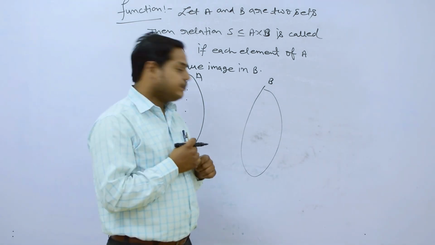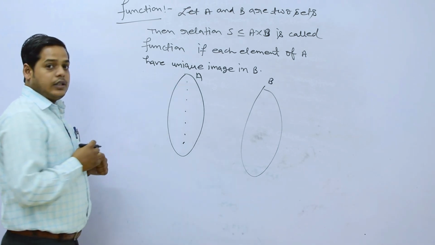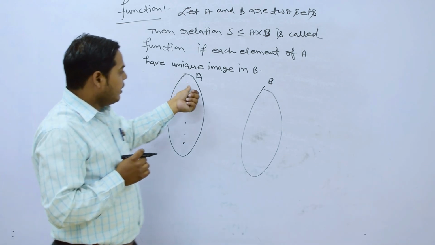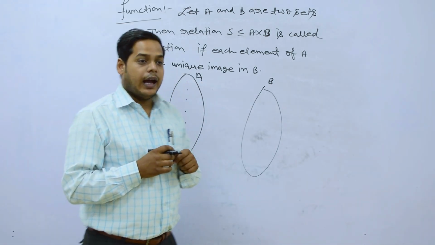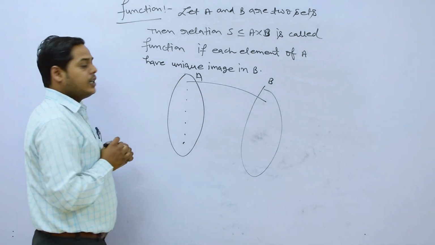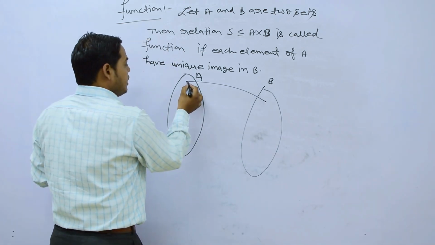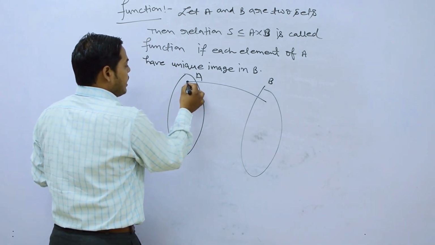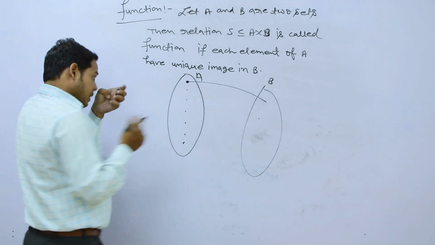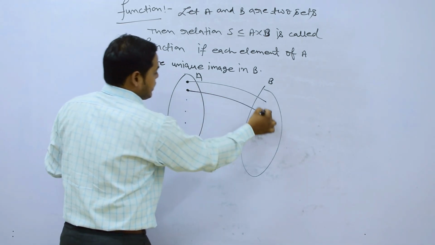We start this gun and continue till all the bullets are emitted from A and go to B, and each bullet has a unique image in B. Means that if a bullet reaches a point in B, then it need not go to any other point in B. Similarly, the second bullet also has a unique destination.